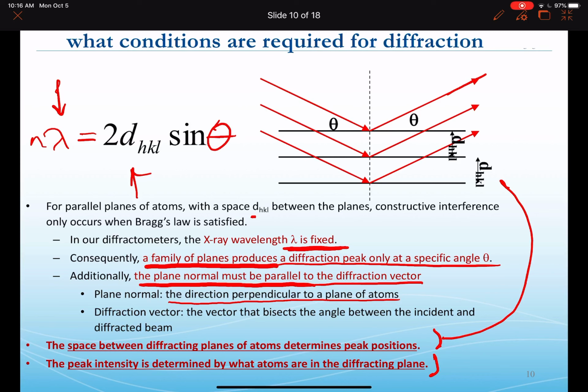So if we have very large atoms packed very closely, we're going to be very efficient at scattering X-rays towards the detector. If the atoms are very small and far away, we might expect just a lower intensity at the detector, even when Bragg's law is satisfied.